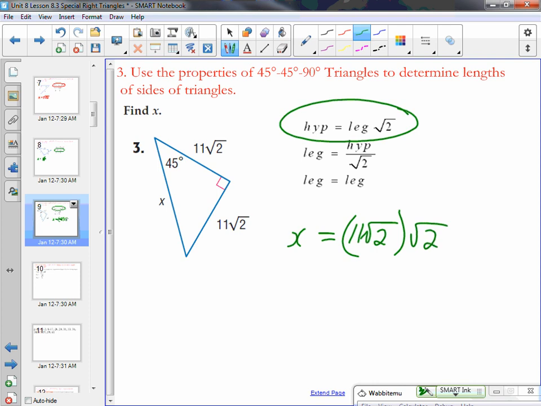Now, they're going to do this to us fairly often, so we got to get used to this. The square root of 2 times the square root of 2 equals 2. So our final answer is 22. All right, everybody still with me?